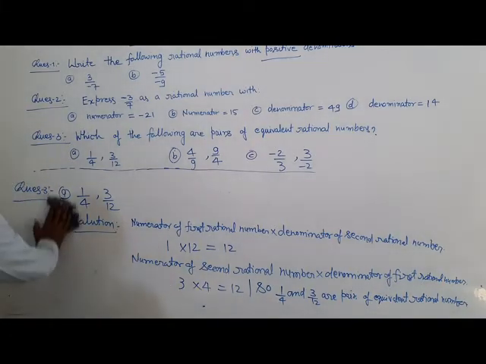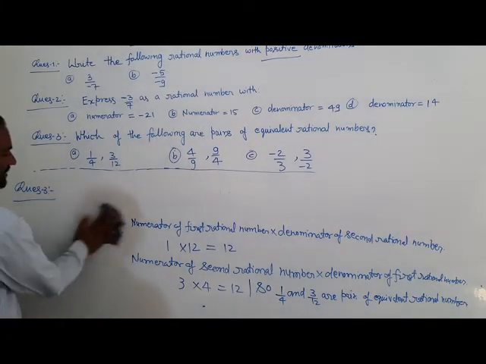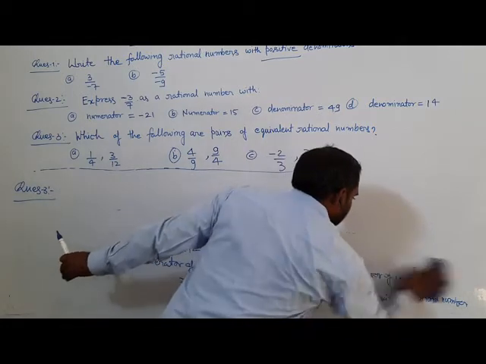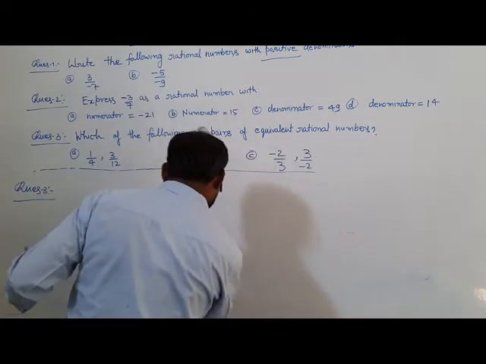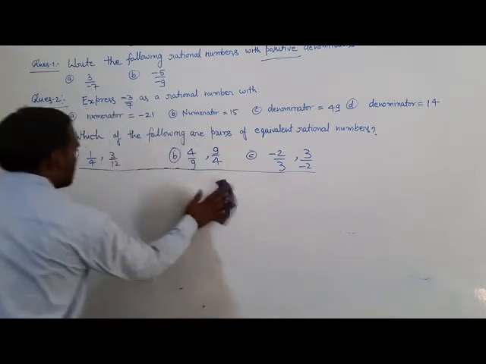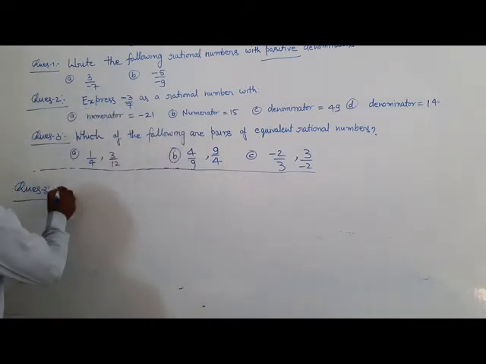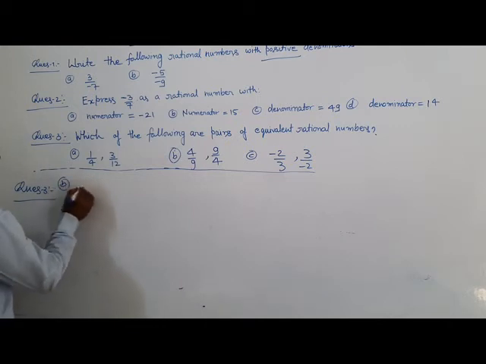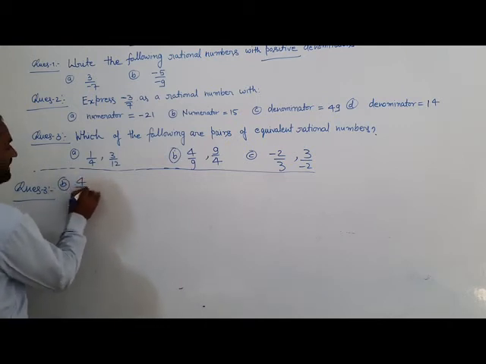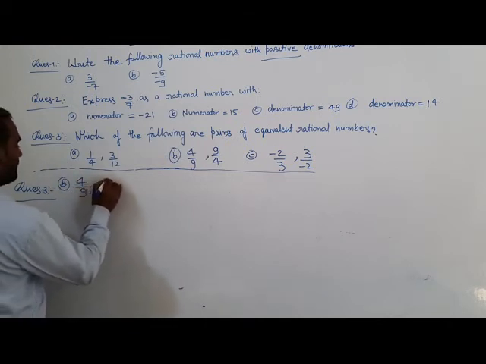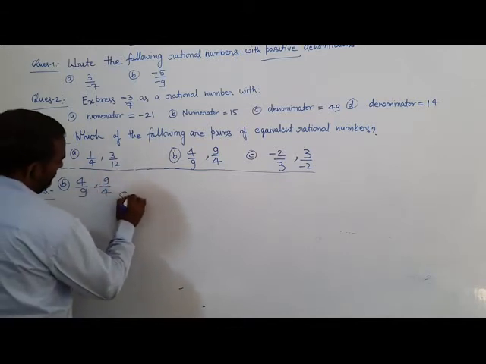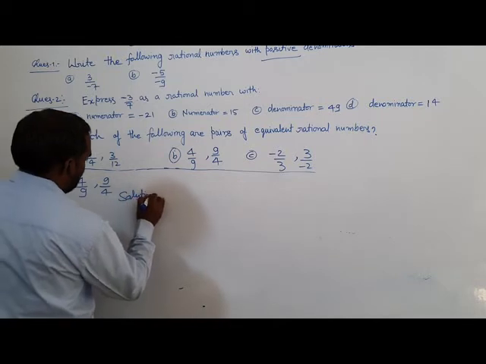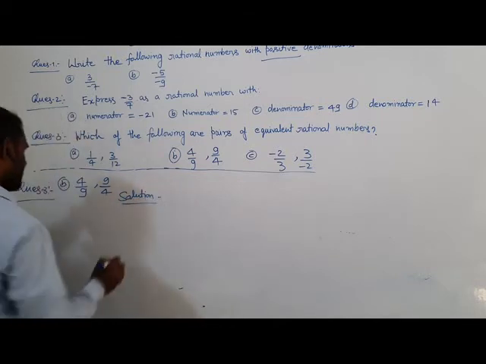Now take option B. B is 4 by 9, comma 9 by 4. Solution.